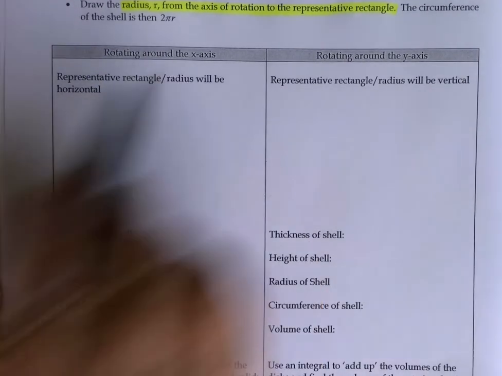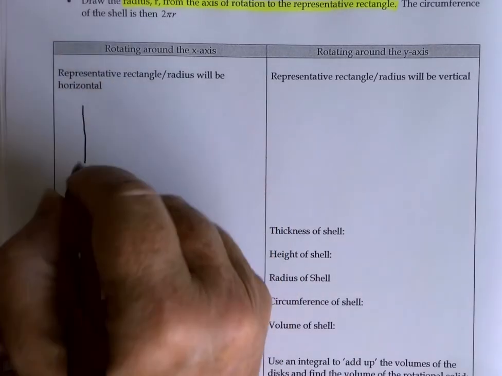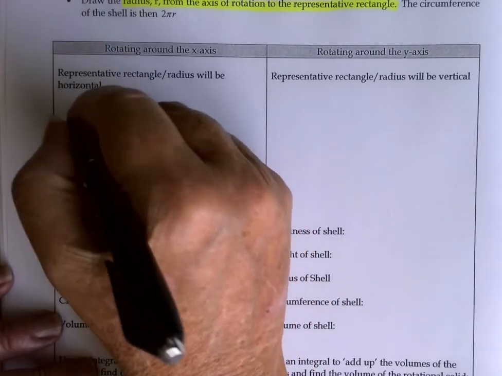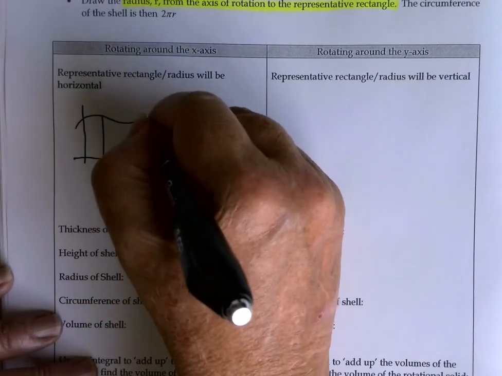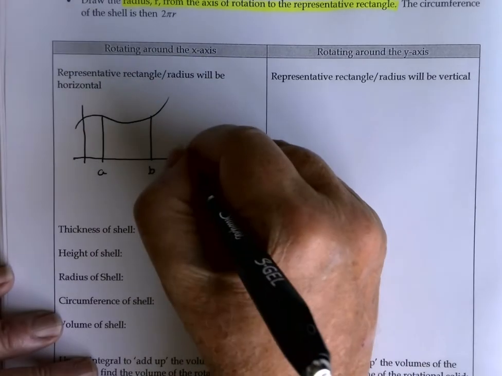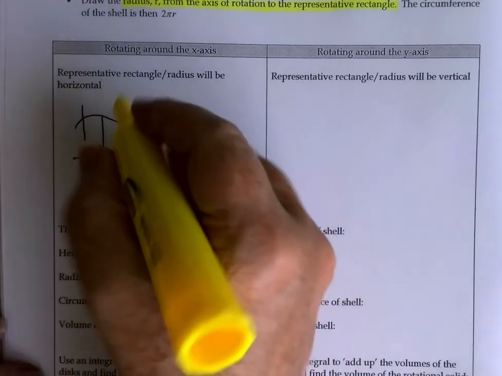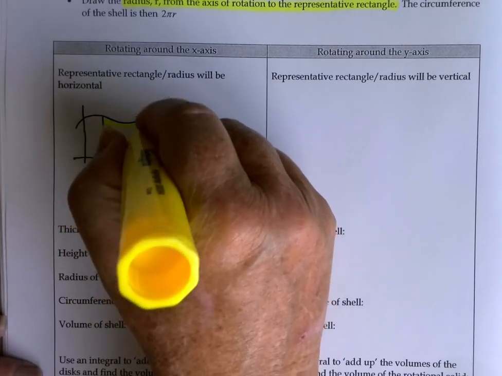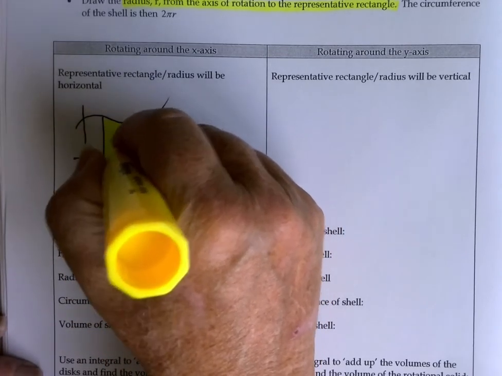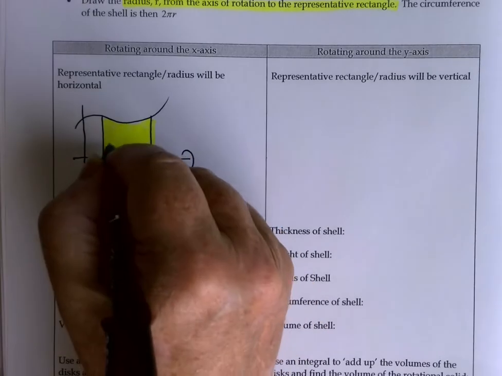Let's first of all talk about doing a shell method if we were rotating around the x-axis. So if I've got my region here, and I want to rotate around the x-axis, that means I have to draw my rectangle parallel to the x-axis.